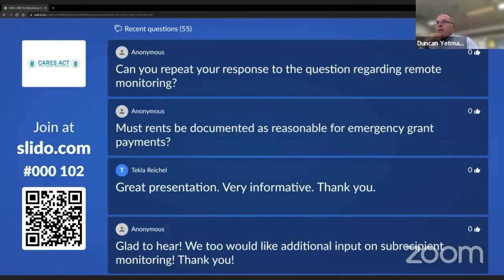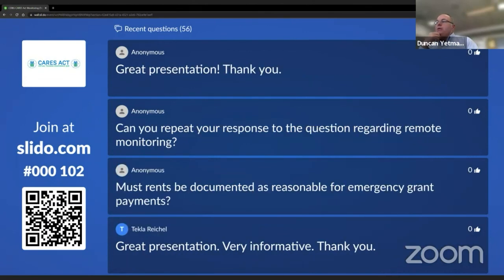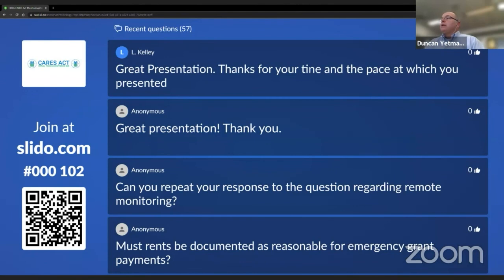Every payment that you make must be allowable, allocable, and it must be reasonable. So if a landlord is excessively charging or even applying a surcharge for the privilege of participating in this program for some absurd reason, then yeah, you need to be wary of that.